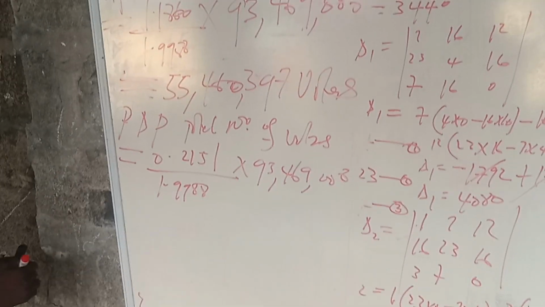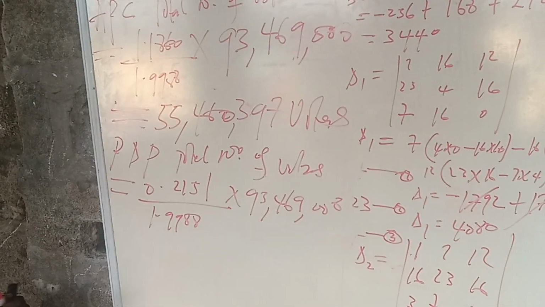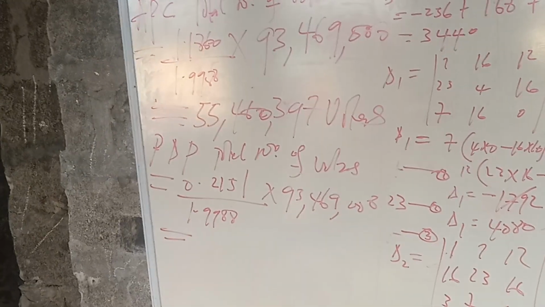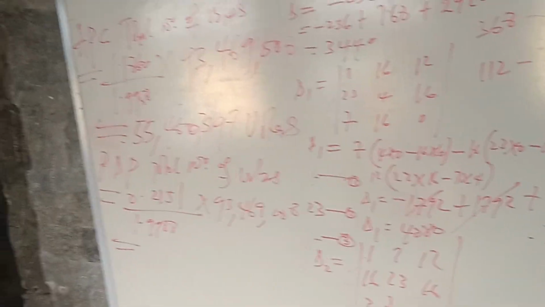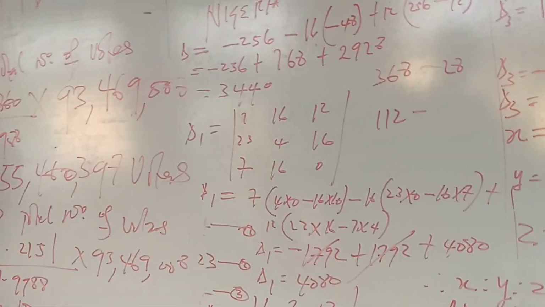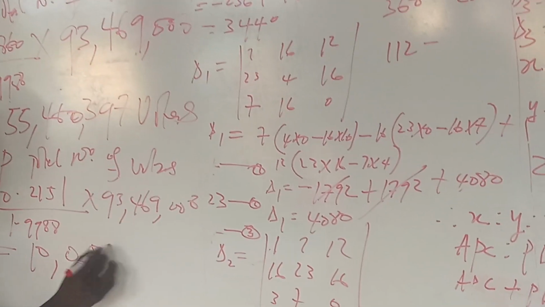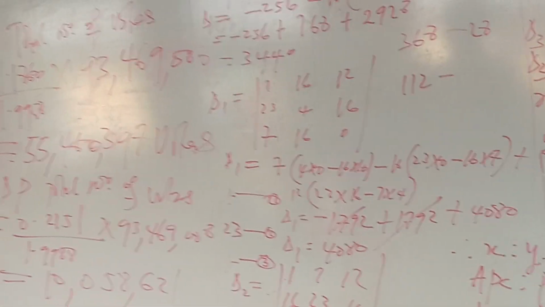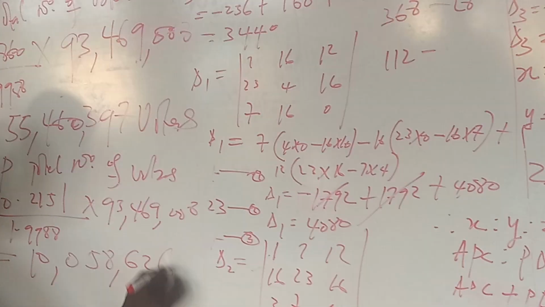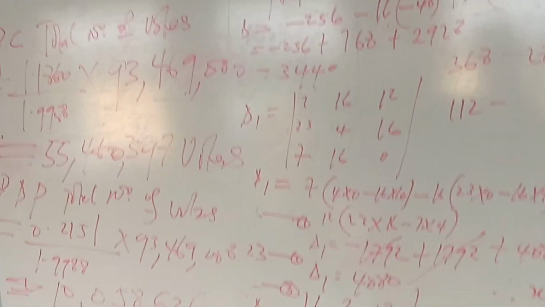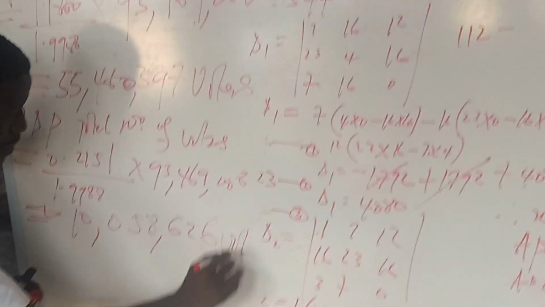Quickly, Emmanuel, I trust you. You are a mathematician. You have an uncanny mental mathematical ability. Give me the answer quickly. The total number of people that will come out to vote willingly for PDP is 10 million, 0.58626. In approximation, these are the total number of voters that will be coming out to vote for PDP.